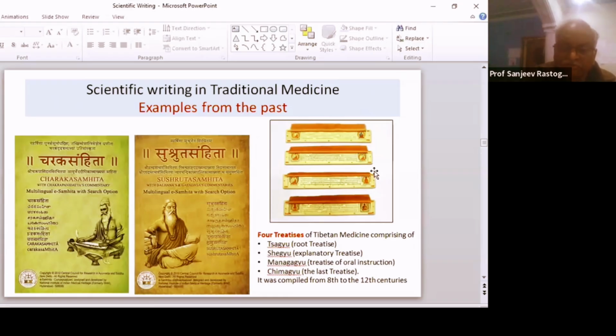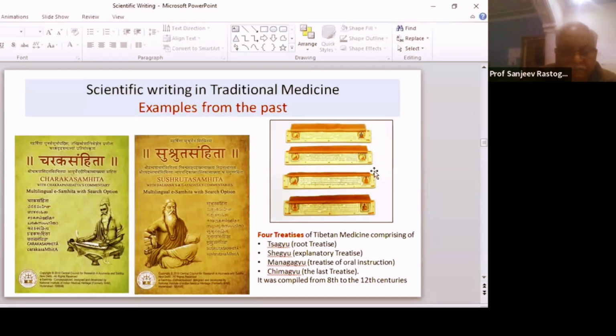Just think, if these manuscripts had not been available to us, how would we be learning these ancient sciences? If the Charaka Samhita or Sushruta Samhita were not available now, how would we be learning Ayurveda today? Or if we did not have these old treatises of Tibetan medicine or Sowa Rigpa, how would you be learning Tibetan medicine?